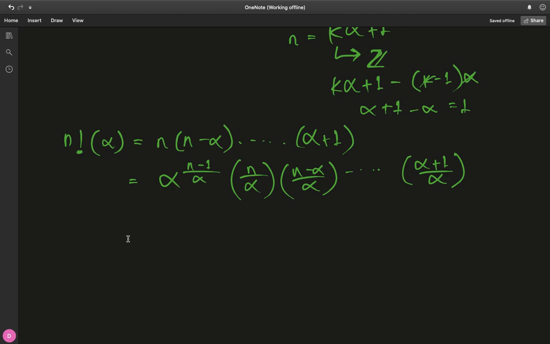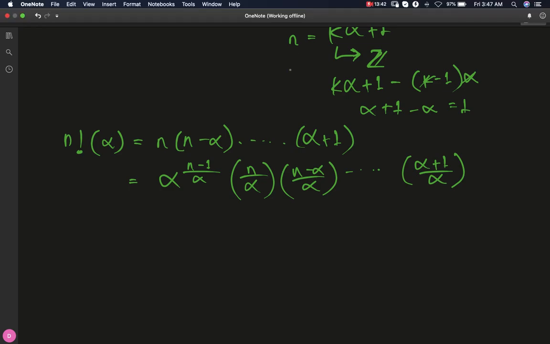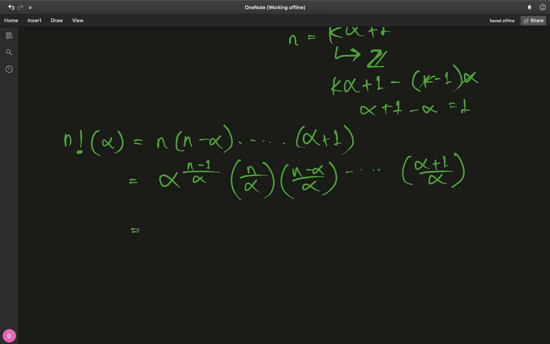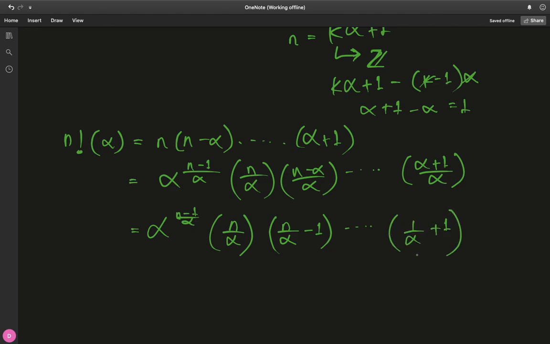Okay, so let's simplify this. We have alpha raised to n minus 1 over alpha. This is n over alpha. And we have over here n over alpha minus 1. And eventually we end up with 1 over alpha plus 1.